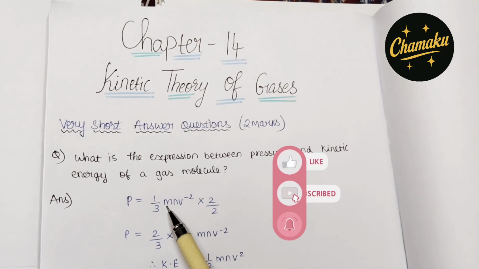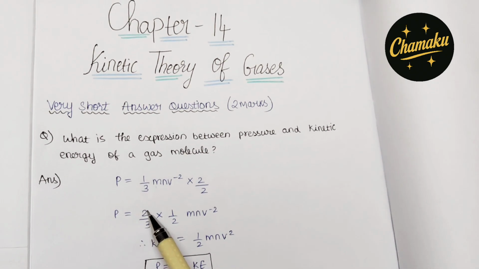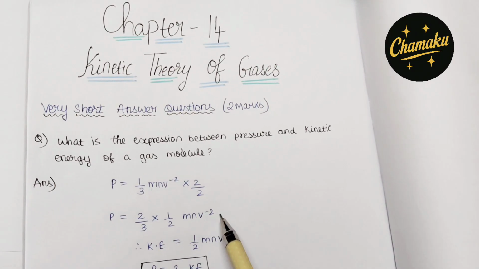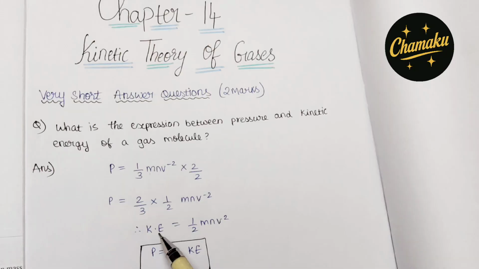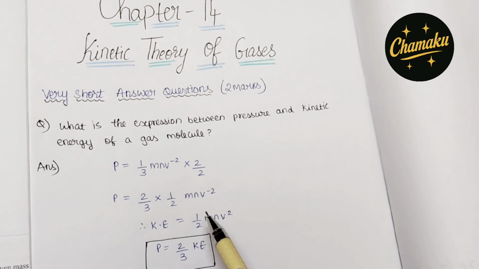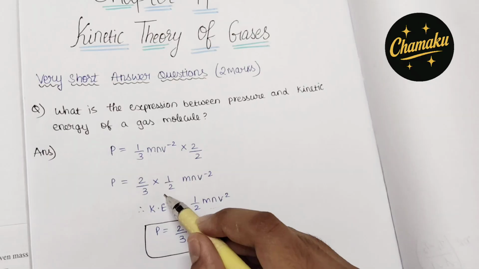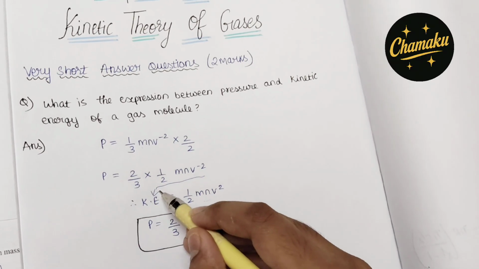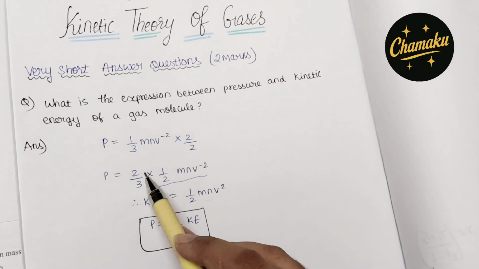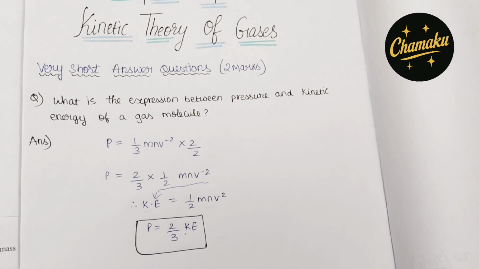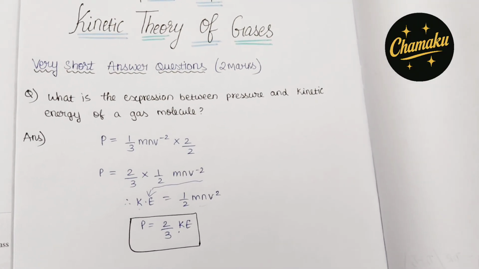So P is equal to 2 by 3 into 1 by 2 mn V square. Therefore, kinetic energy is equal to 1 by 2 mn V square. So in the place of this, we take kinetic energy. So P is equal to 2 by 3 KE. This is the relationship between pressure and kinetic energy of a gas molecule.